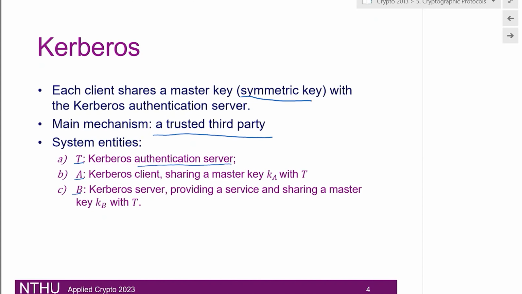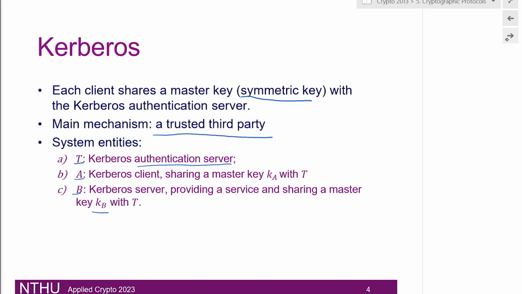This is a master key, which means it remains valid for a longer time, say a year or so, for as long as you are in that organization. Servers also share a master key, like an AES key, which we call key B, with the trusted third party. That key with the servers also remains valid for a number of time.